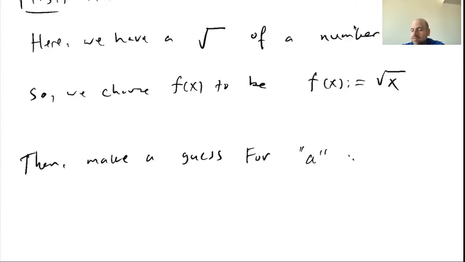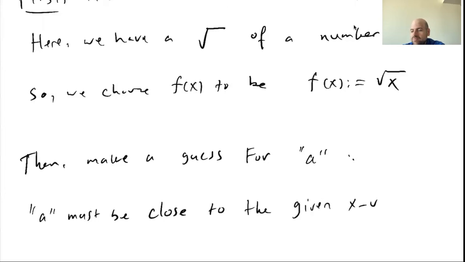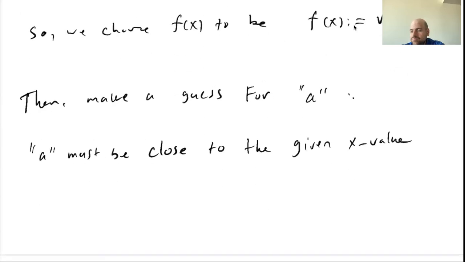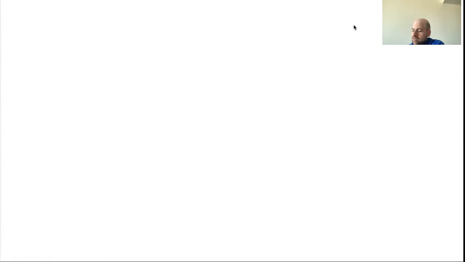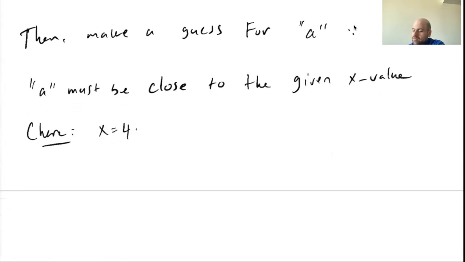So a must be close to the given x value. Here, x equals 4.1.